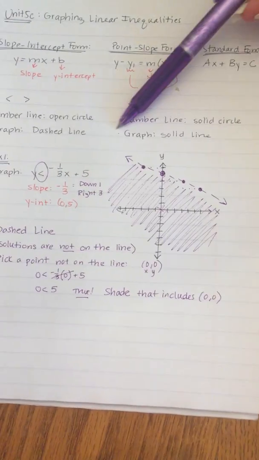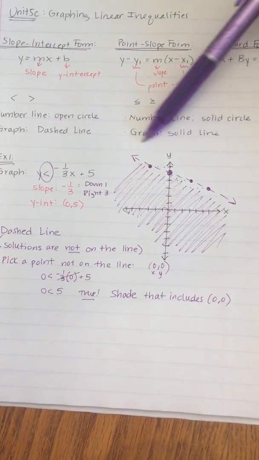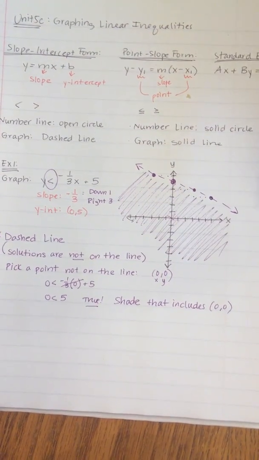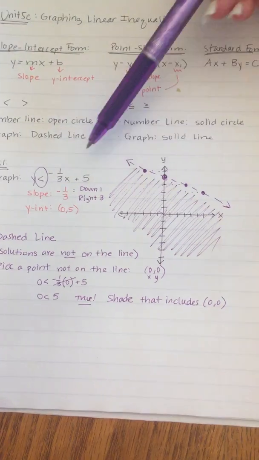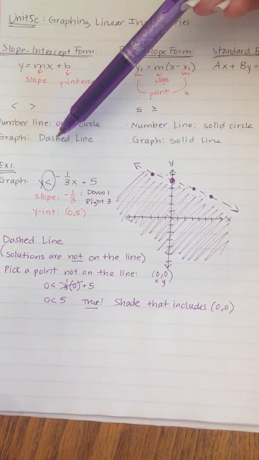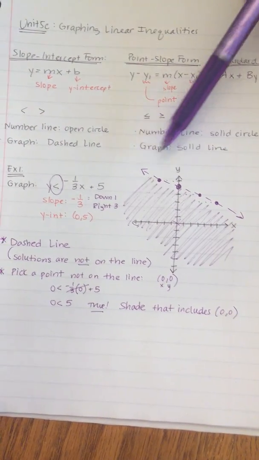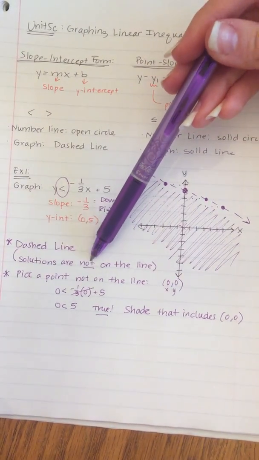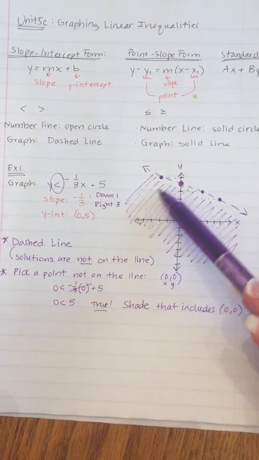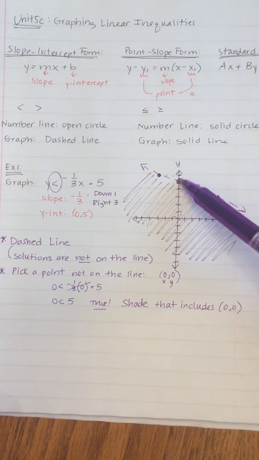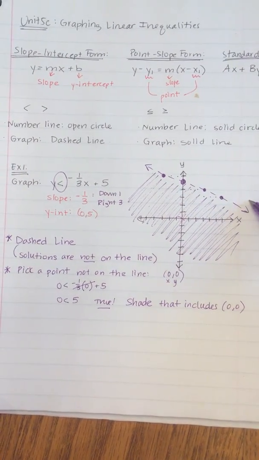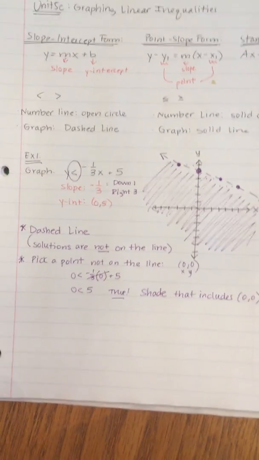Okay, so this entire graph is what I'm looking for. I've got my line. I figured out whether it's dashed or solid, and then I also had to figure out which side to shade to find my solutions. You're either going to shade below it or you're going to shade above it. Okay, let's do another example.